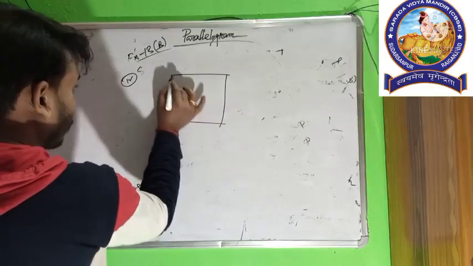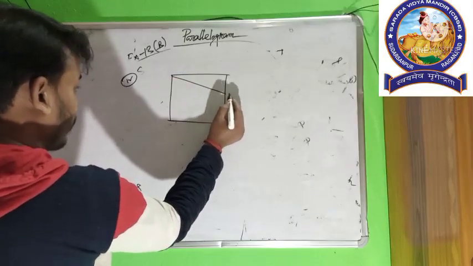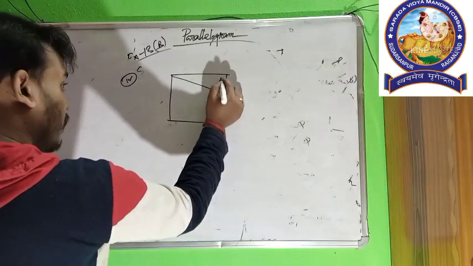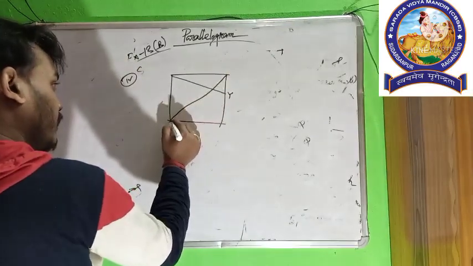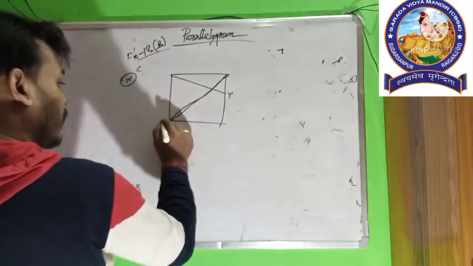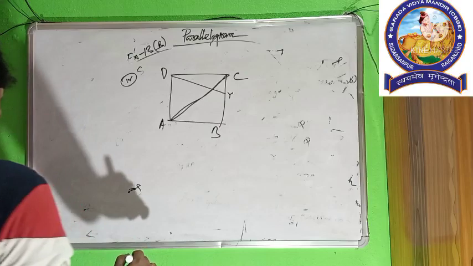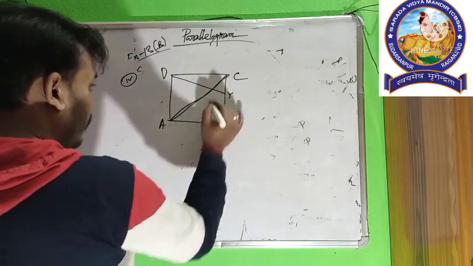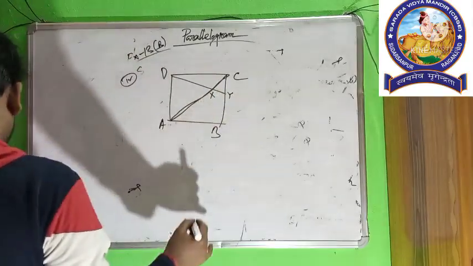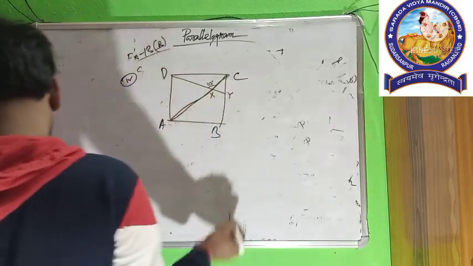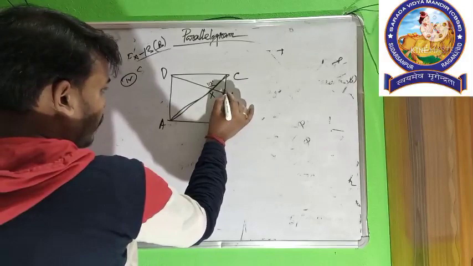From D we draw a line DY, with CD. The angle is 112 degrees. It is a. Find the value of a.